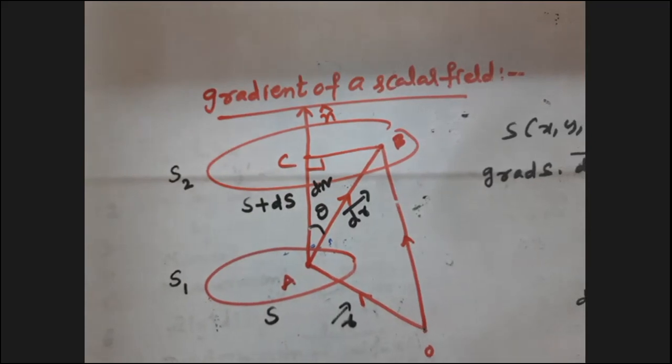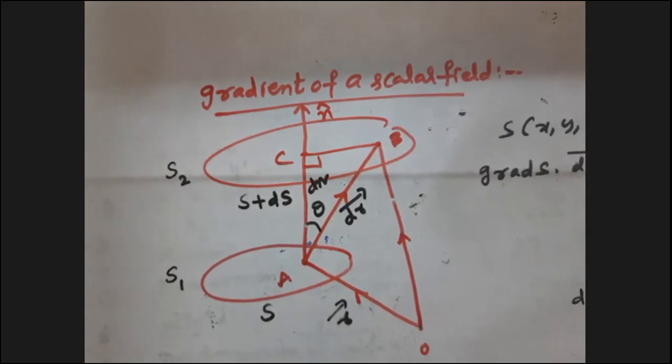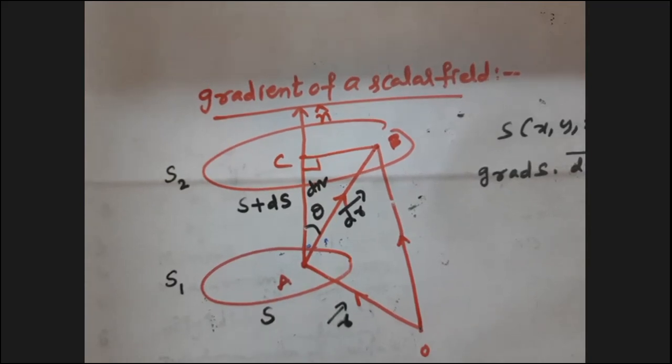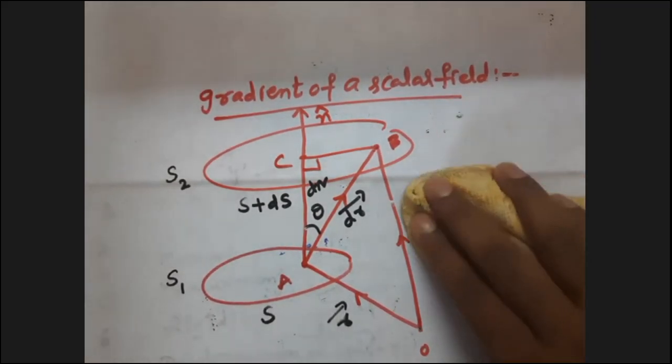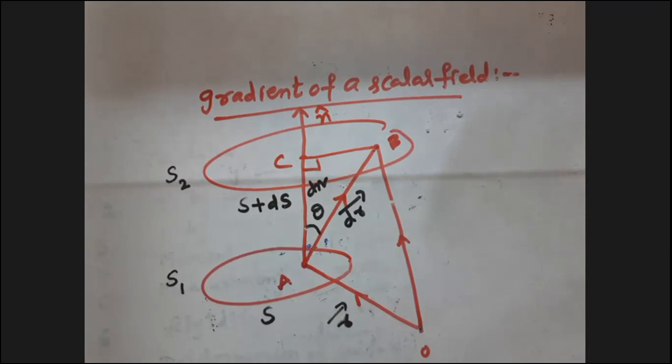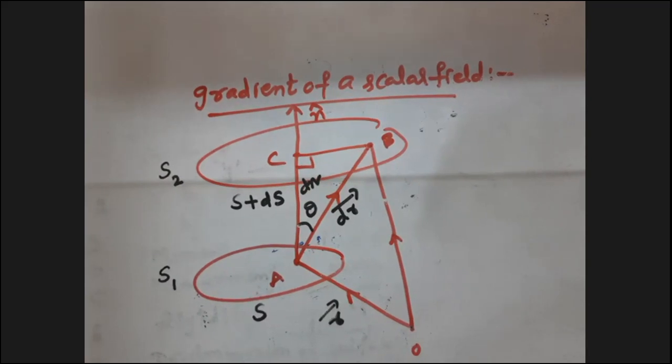The gradient of the scalar field is always a vector, number one. The gradient when the del operator is operated on the scalar field, so here the scalar field is converted into the vector field. When the del is operated on the scalar field, that is converting into the vector field.